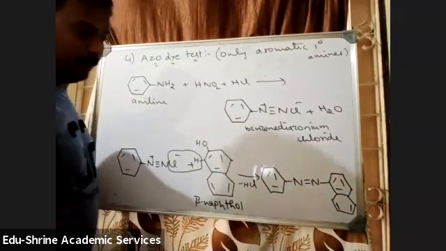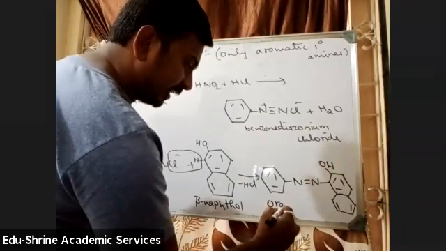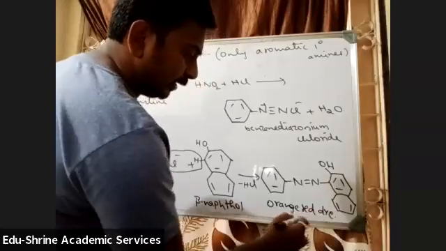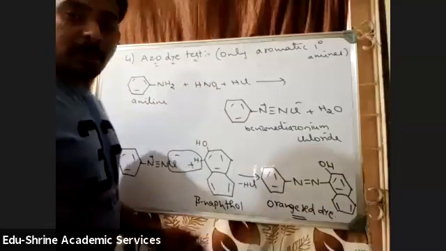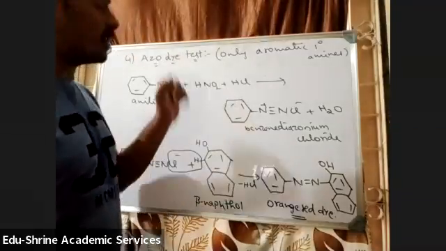This will be the product formed, an orange red colored dye. If you get an orange red colored dye by doing these steps, that is called the azo dye test.